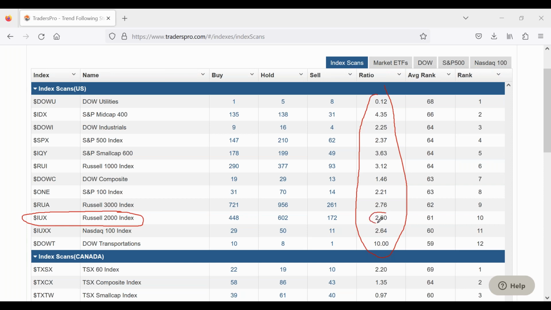We're at a 2.60 buy-sell ratio, meaning there's 2.5 times more buy signals right now on the Russell 2000 than there are sell signals. Okay, now that's actually just a normal, in-between reading that's not showing extreme either way.